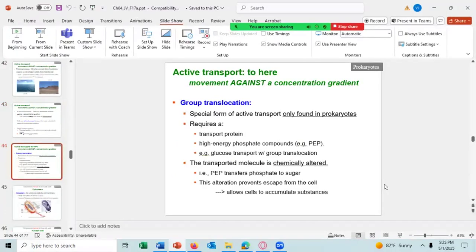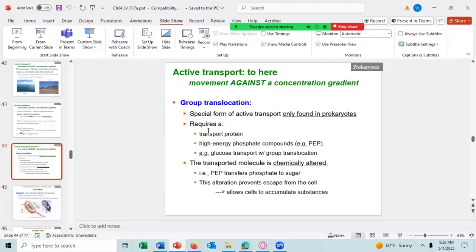There is a form of active transport which is only seen in prokaryote cells. So it's only found in bacteria and archaea. It's called group translocation. It does require a transport protein to pump the molecule across the cell membrane.